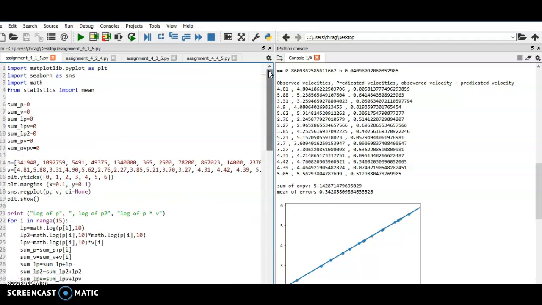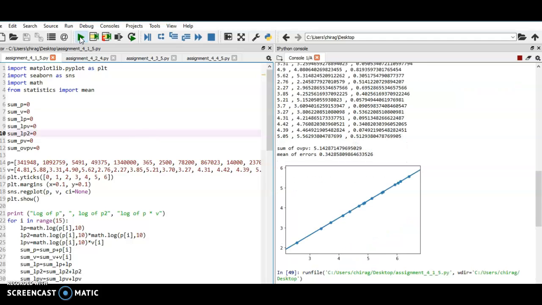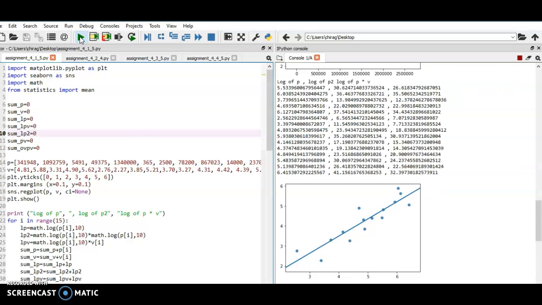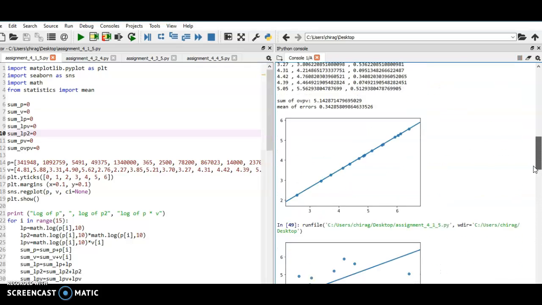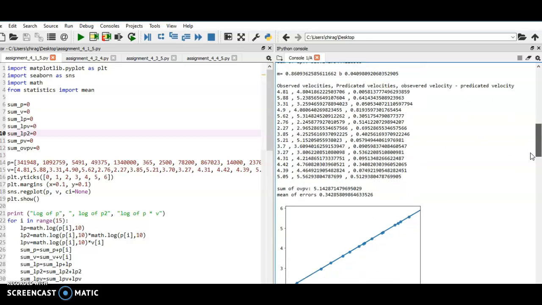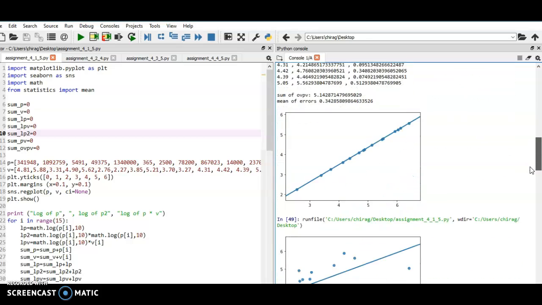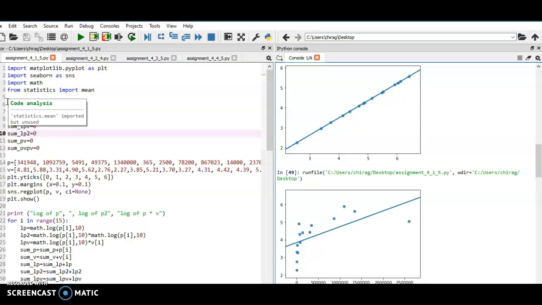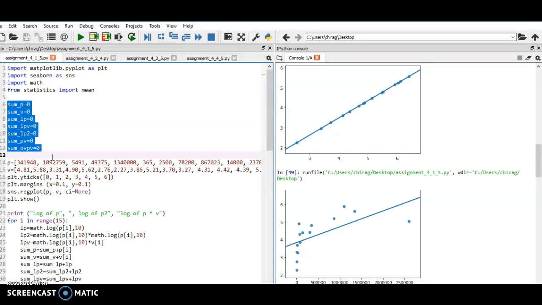The problem 4.1.5 is basically to evaluate the unknown parameters in the given model by using prediction and errors. These are a few variables we are creating with initial value 0. We calculate the sum later on.